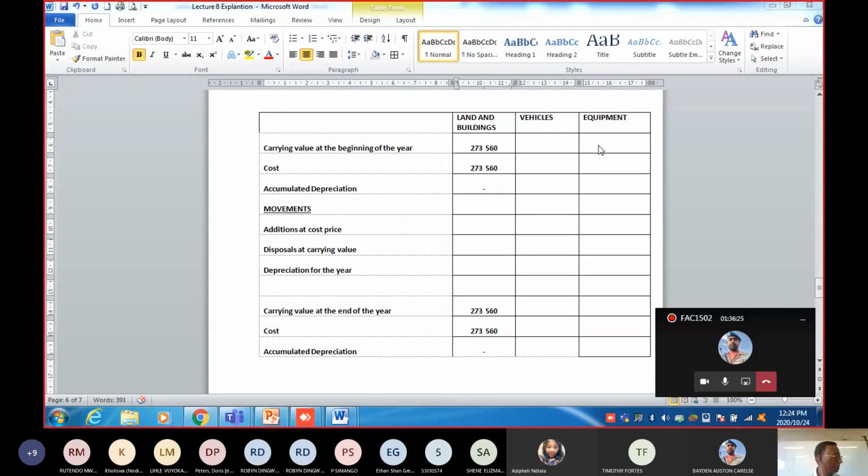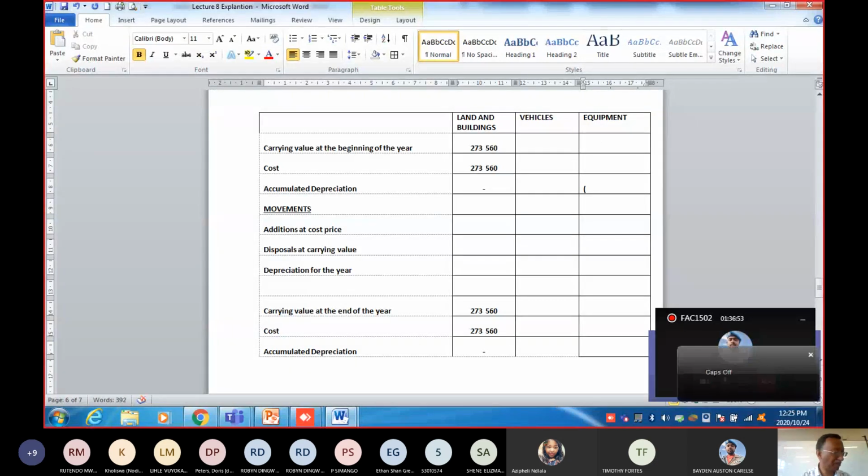Your equipment, in your question paper, they tell you the equipment at cost amounted to 40,000 Rand, and the accumulated depreciation on equipment is 5,500. But now, your accumulated depreciation, they give you a date there, the 1st of January 2012, which is your opening balance, is 5,500.